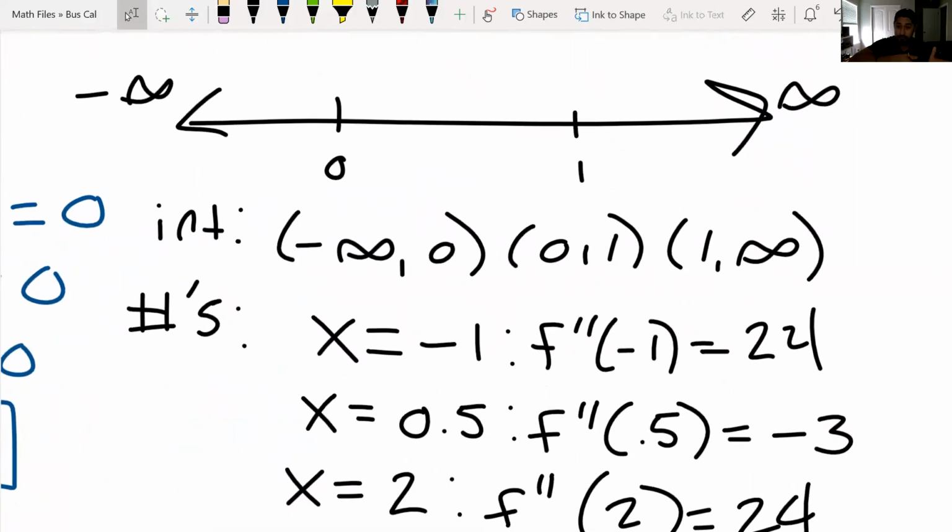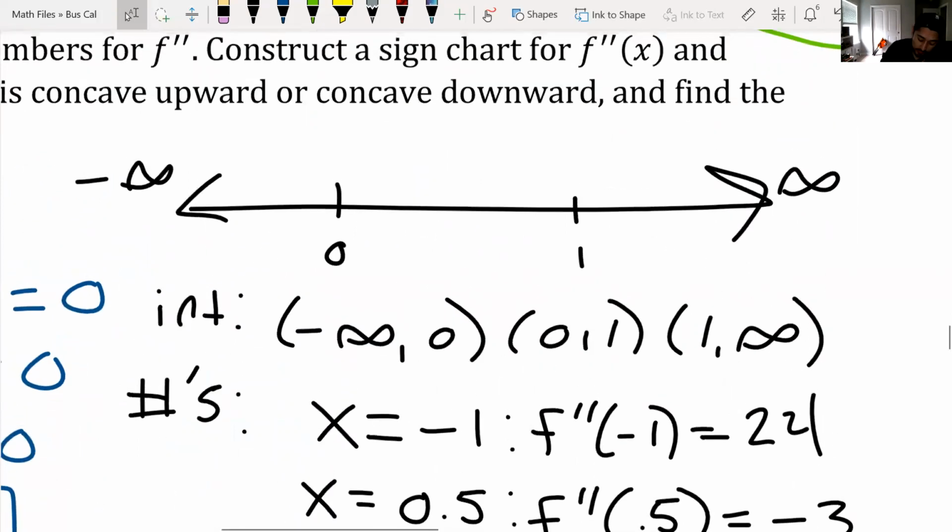From negative infinity to 0, we have a positive answer. So this means the second derivative is positive. The first derivative's increasing, which means we will be concave up.